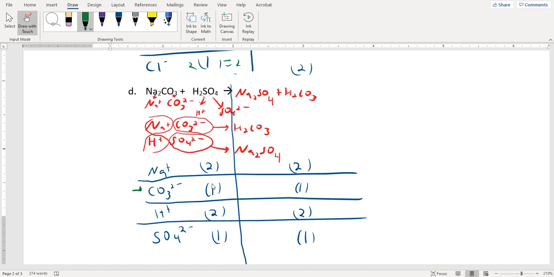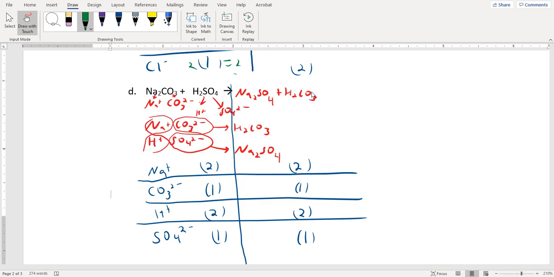So we just put a 1 right here. We do the same pattern as we did in the previous examples. So we have 2 sodium, 1 carbonate, 2 hydrogen, and 1 sulfate, and then 2 sodium on the product side, 1 carbonate, 2 hydrogens, and 1 sulfate.